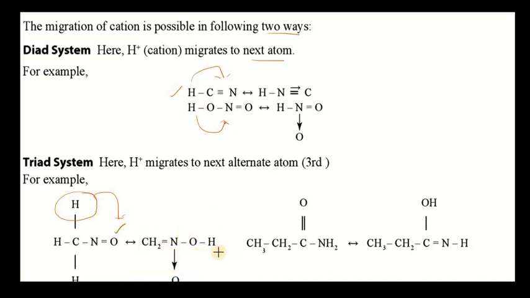Likewise, you see this example. In this we have NH2, and one hydrogen is moving towards this oxygen. The next alternative atom, so it is called a triad system. Among three atoms it is happening. Triad system. Okay, moving on to the next one.